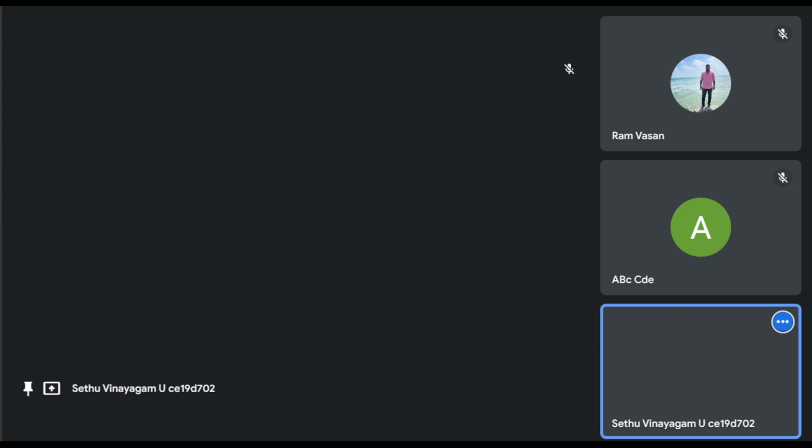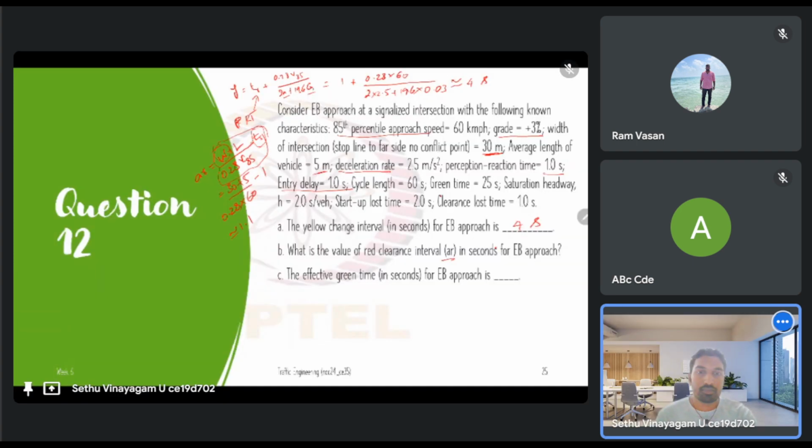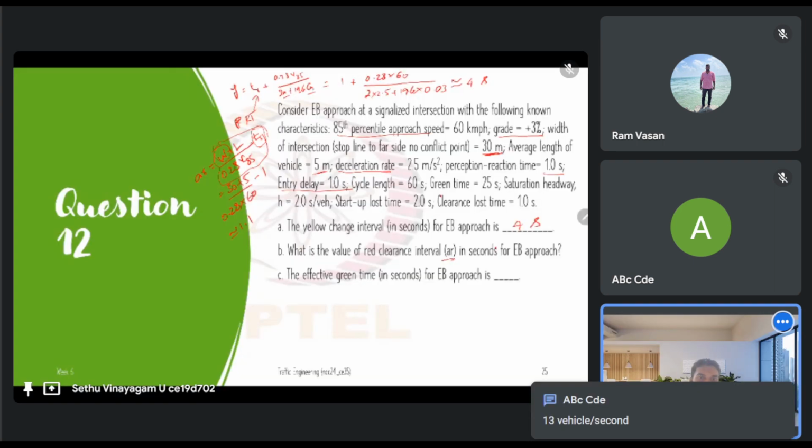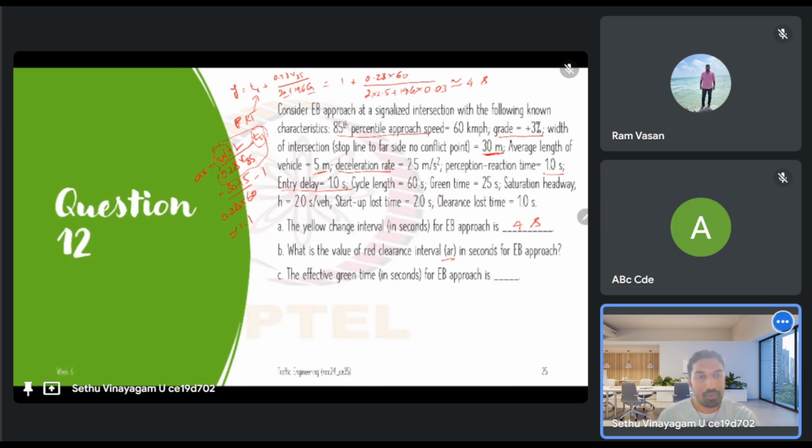The third question is effective green time. 13 vehicles per second is not right. Green time is not measured per vehicle.